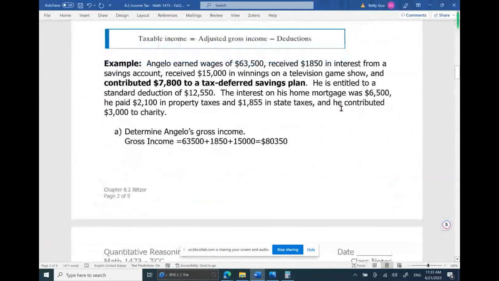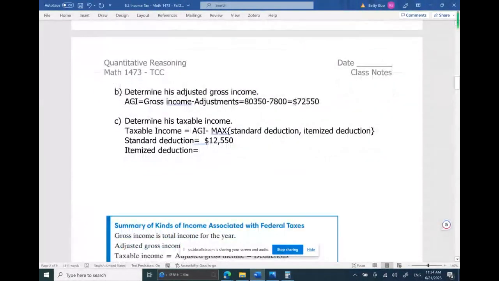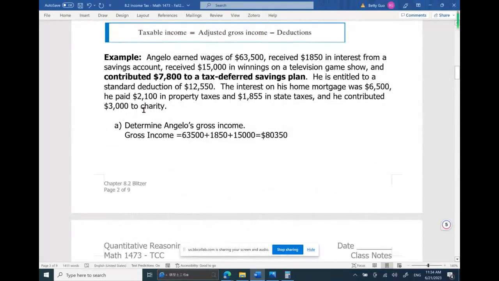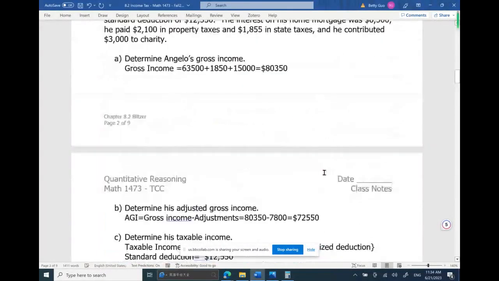Interest on his home mortgage, yeah, 6,500. Let's put that here, 6,500. That is itemized deduction. And also property tax and state taxes, yeah, 2,100 and 1855.